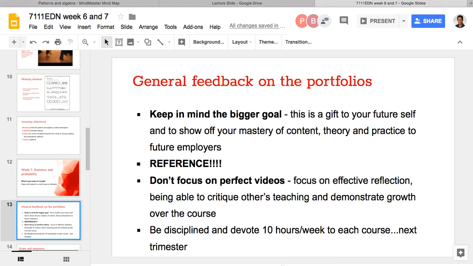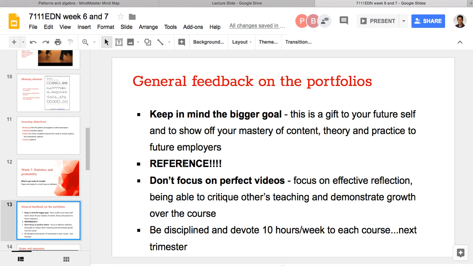Rightio, but before we start week 7, here's some more general feedback on your portfolios. So this point here was definitely mentioned by Gordon in terms of your referencing. We noticed that there was referencing missing from feedback you were given, especially if you're aiming for that 7.